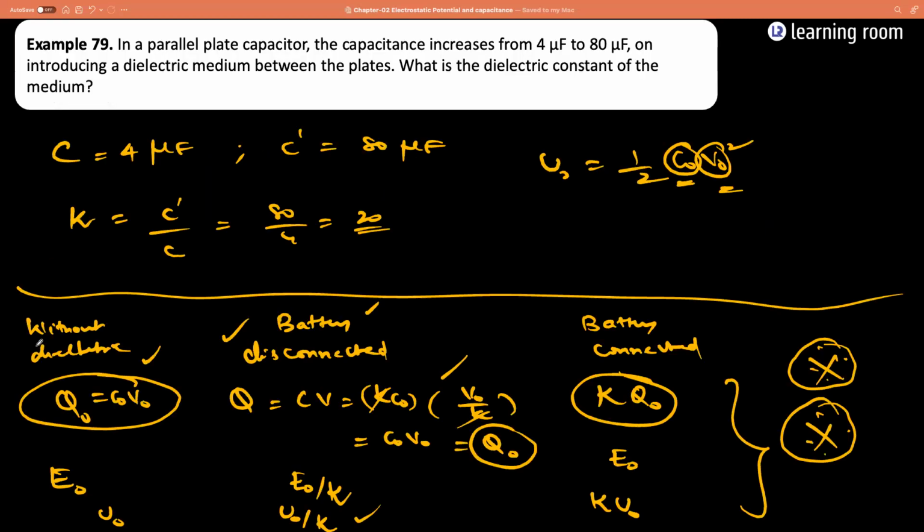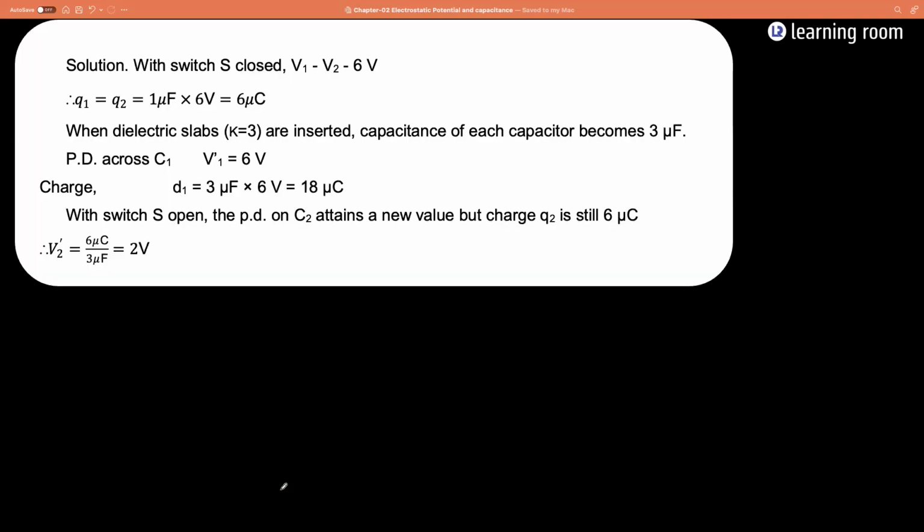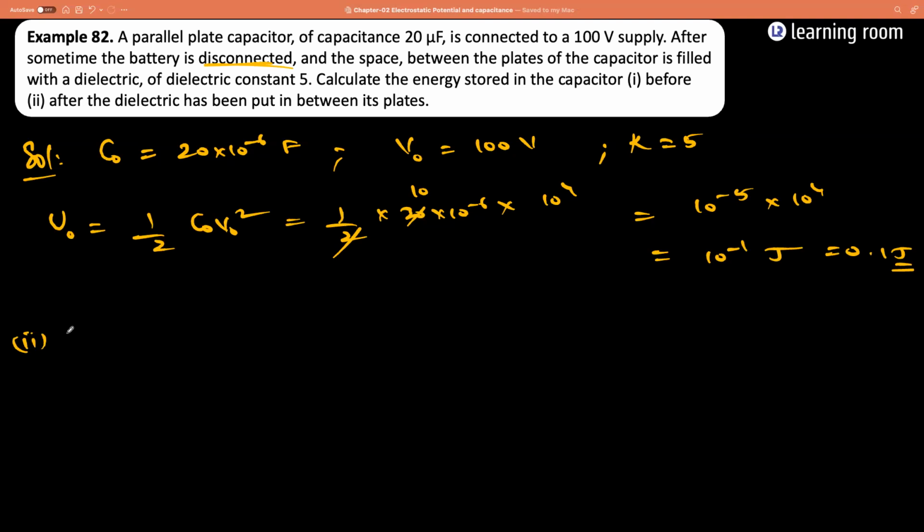What does the table tell us? The initial energy decreases by a factor of kappa. So U dash will be U naught by kappa. It is 0.1 divided by 5. What you told is right, 0.02 joule. That's it. Am I clear with this?